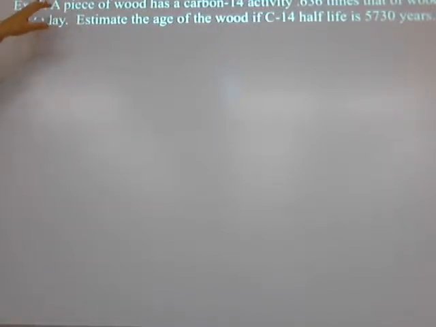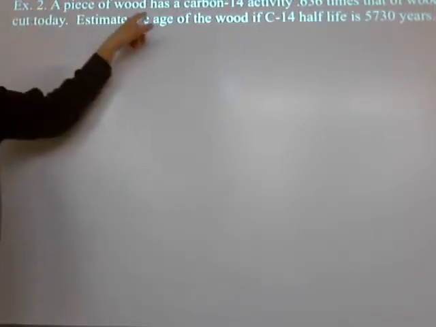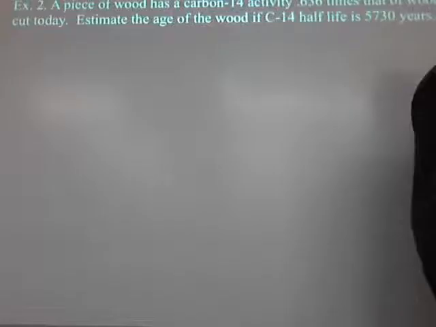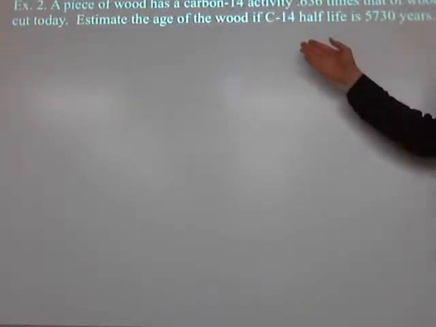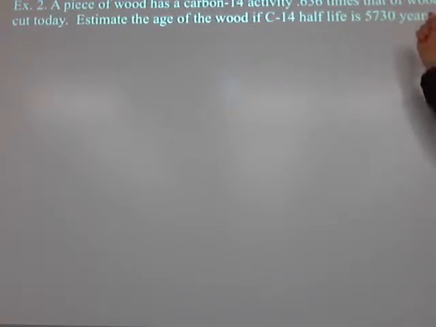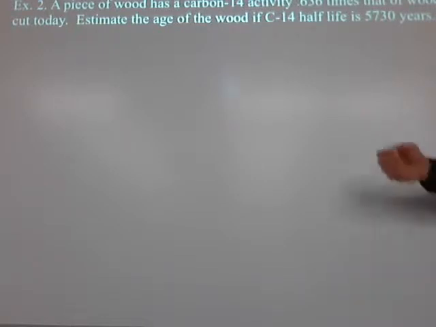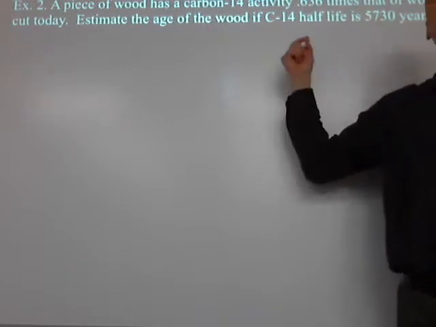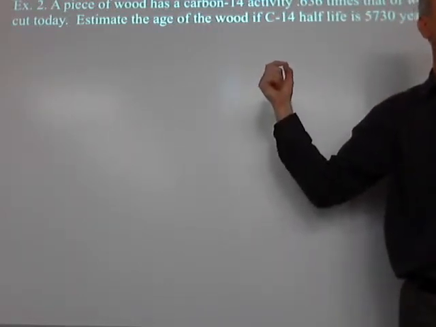If I rewrite the same question: a piece of wood today, carbon-14 dating, has an activity that's half of what it used to be. The half-life of carbon-14 is 5730. How old is the piece of wood? 5,730 years. You see? Okay? Well, this one has 0.636 times the activity it had.